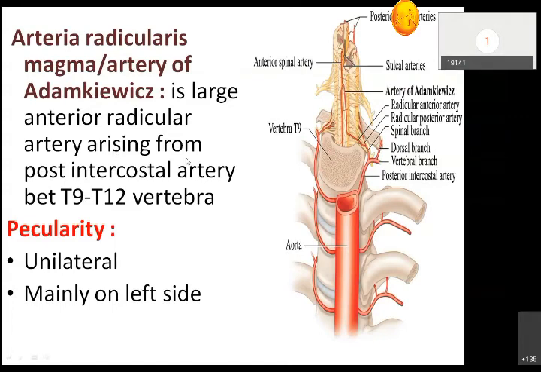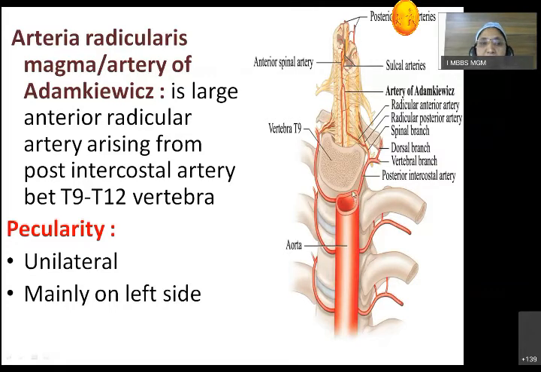It is present mainly on one side. It is unilaterally present, mainly on the left side, and it arises either from the posterior intercostal artery or directly from the descending thoracic aorta.